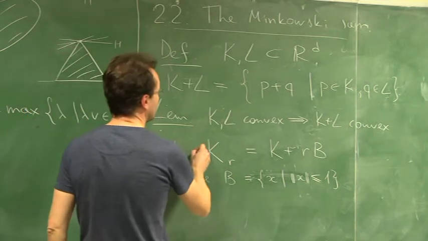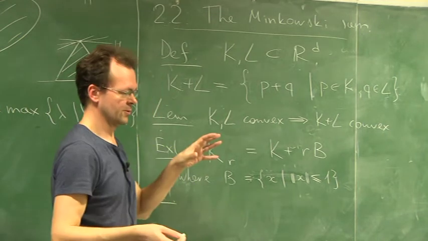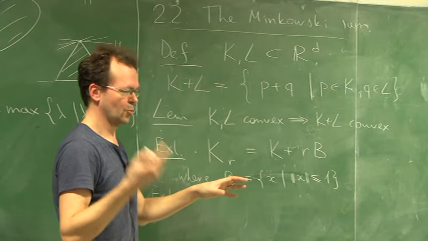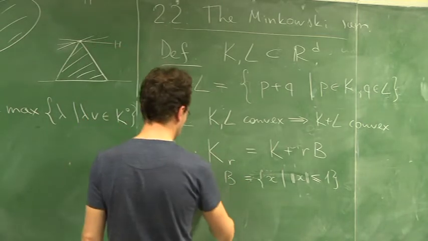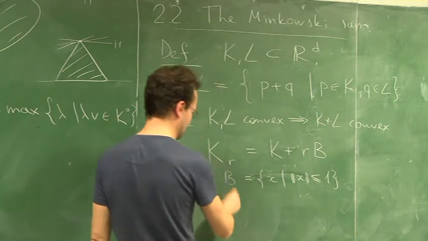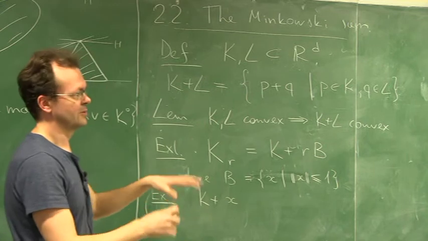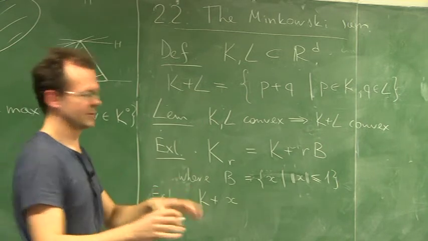Another example: if I take the sum of a body and a point, a one-point set, K plus x, I will just write x without the brackets. K plus x is just K translated by x.